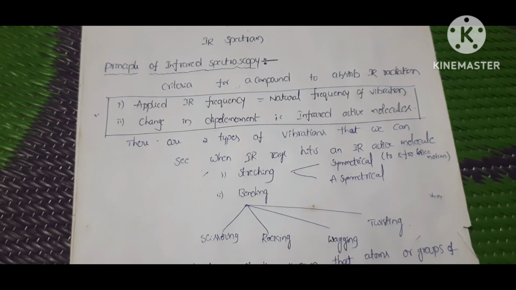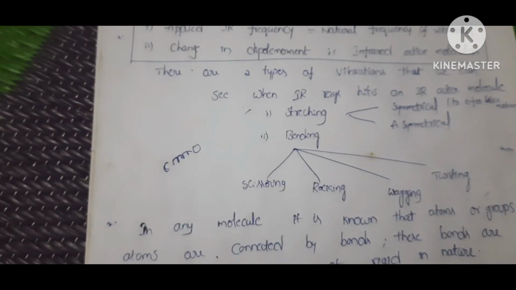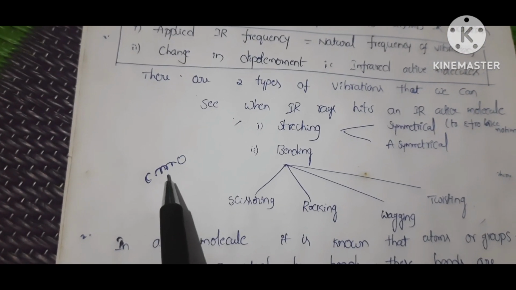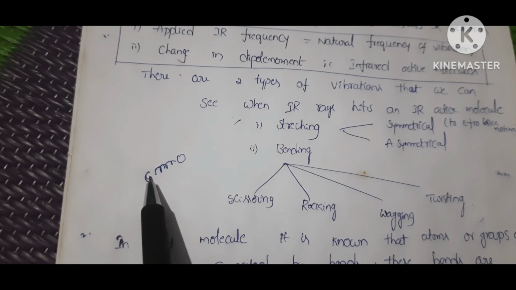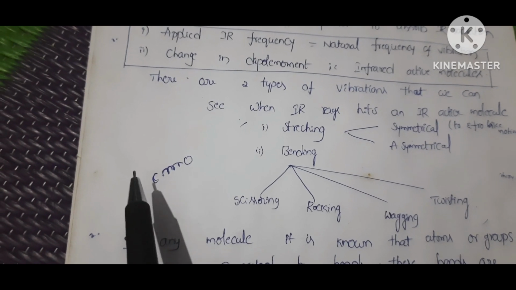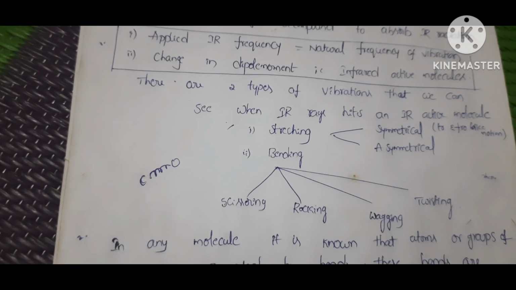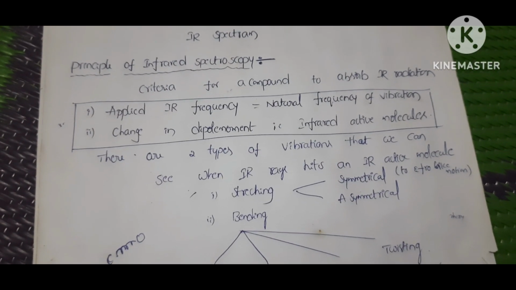They exhibit different types of motions. They could vibrate. If we take the C single bond O, this bond is analogous to a spring. The spring may stretch opposite to each other or towards each other, called wagging or stretching. This we can see in the theory of IR spectroscopy. First we see the principle of IR spectroscopy.